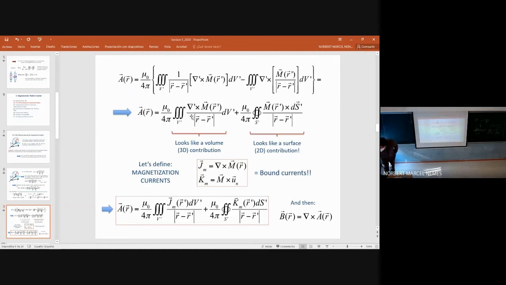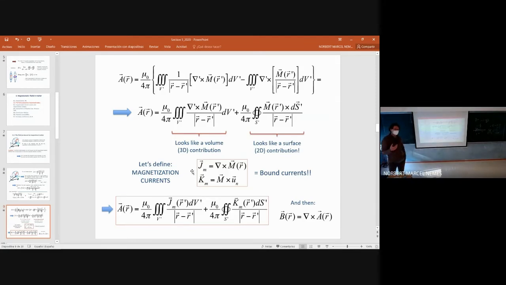Now, the first term looks very similar to Ampere's law, right? So the vector potential is just J over R. It's quite habitual to call this rotation of M a magnetization current. It's a volume term.